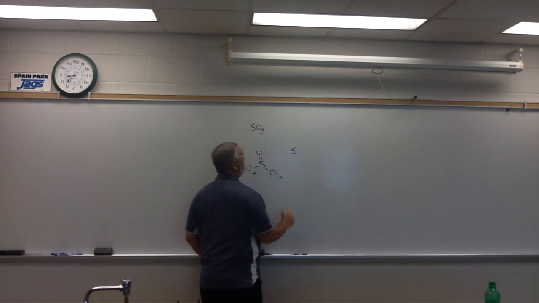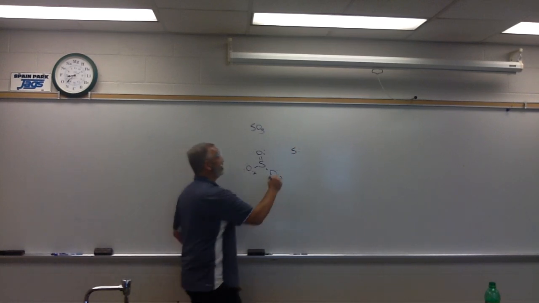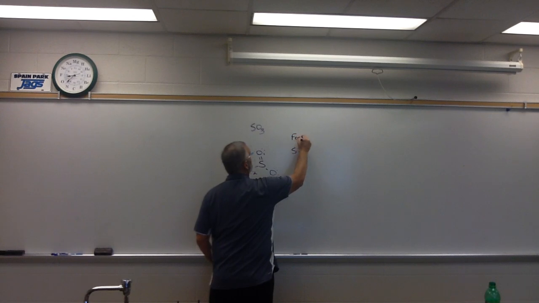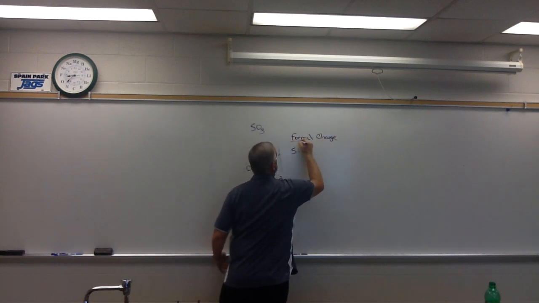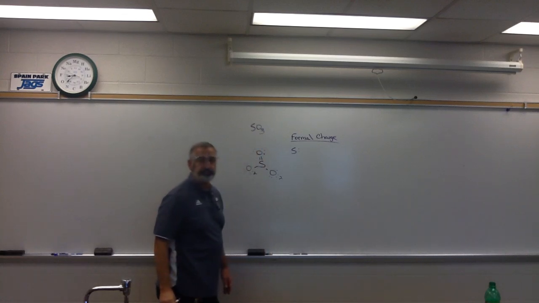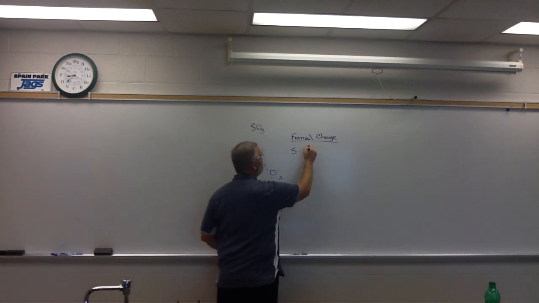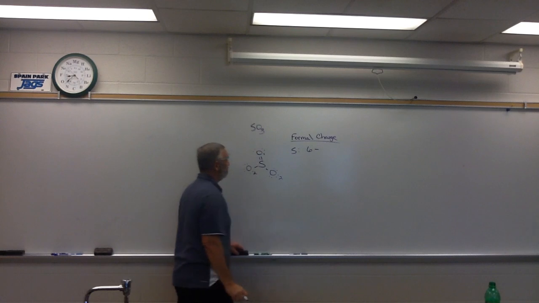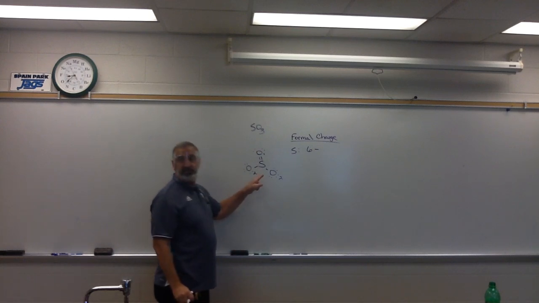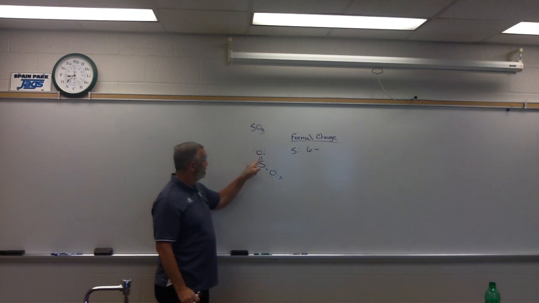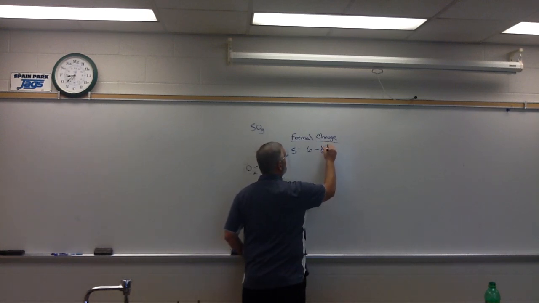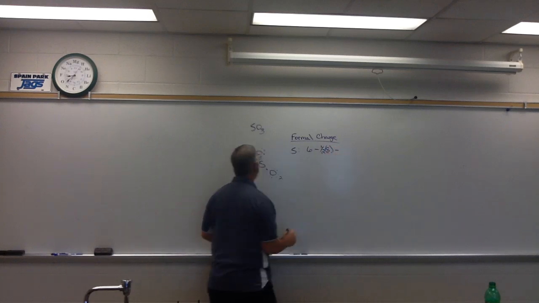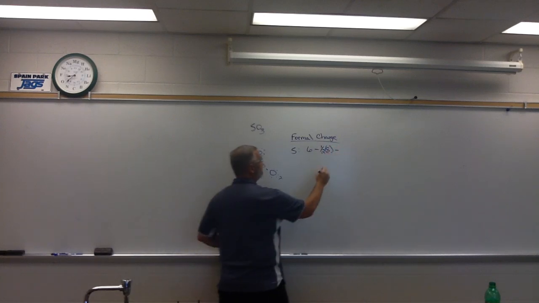So what's sulfur? How do I do the formal charge of sulfur? Valence electrons, which is 6, minus 1/2 of how many are there? 2, 4, 6, 8. 1/2 of 8 minus how many lone pair? 0.